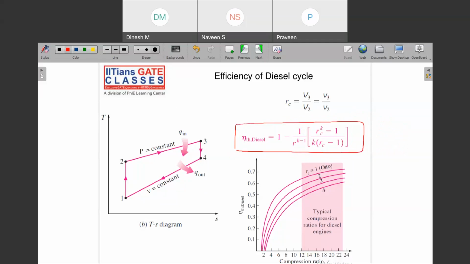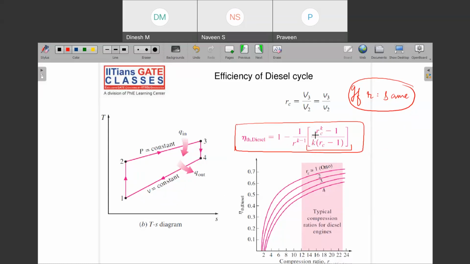So can you see one thing? If your compression ratio is the same, if the r value is the same, then this portion will help you reduce. What I have made is that this is greater than 1.